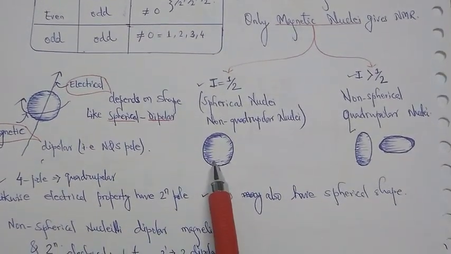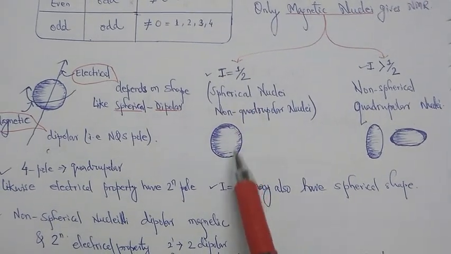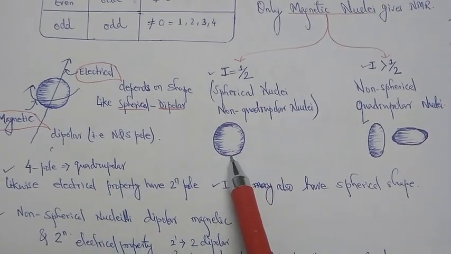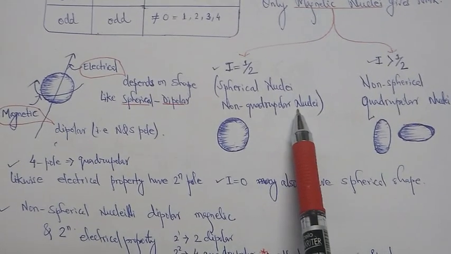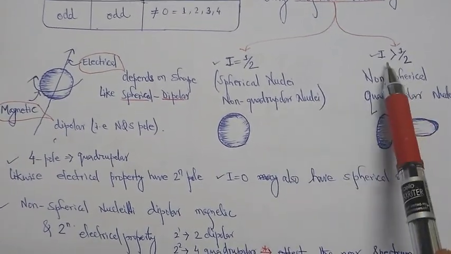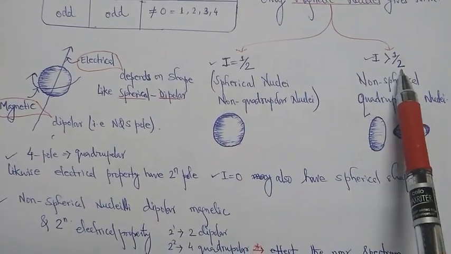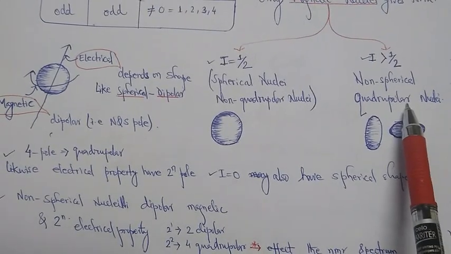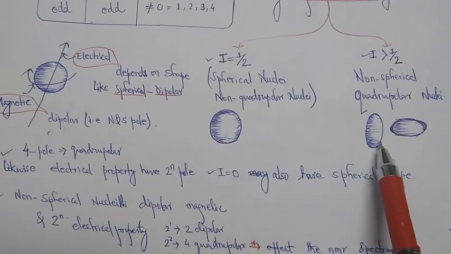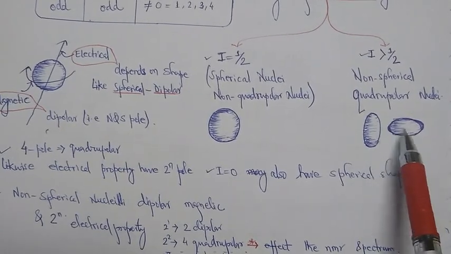We can imagine it like this. When spin I equals 1/2, it looks like this, spherical, or it is called non-quadrupolar. This is very, very important. We need to remember this. And if I is greater than 1/2, then it is a non-spherical nucleus. It is a quadrupolar nucleus, and it may look like this. What I have imagined, you can imagine also like this.